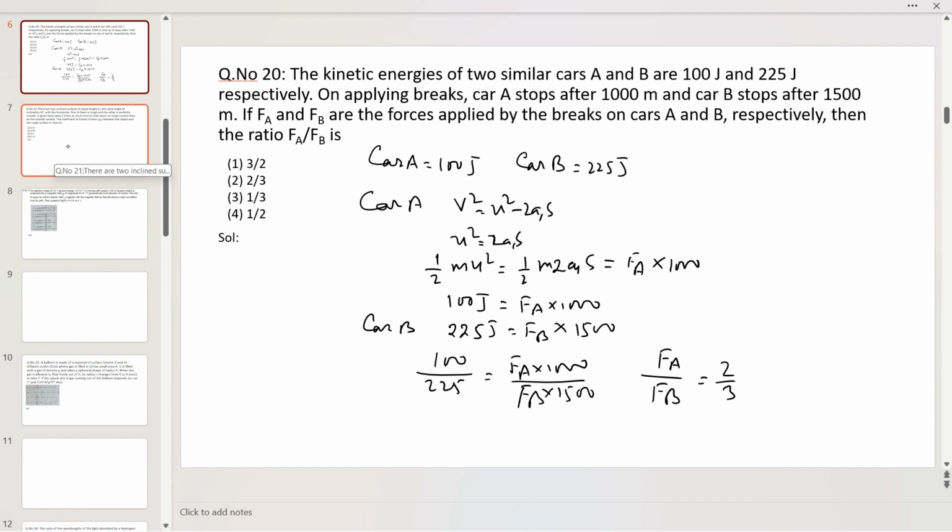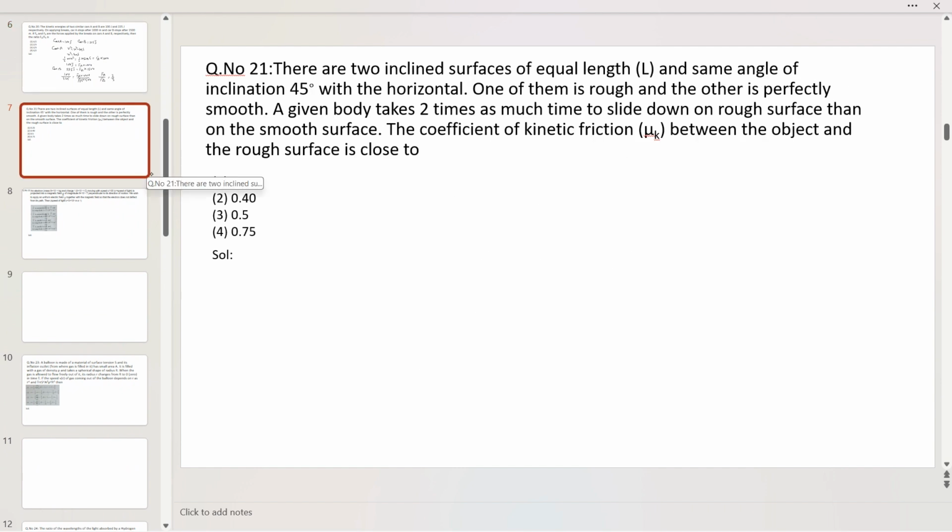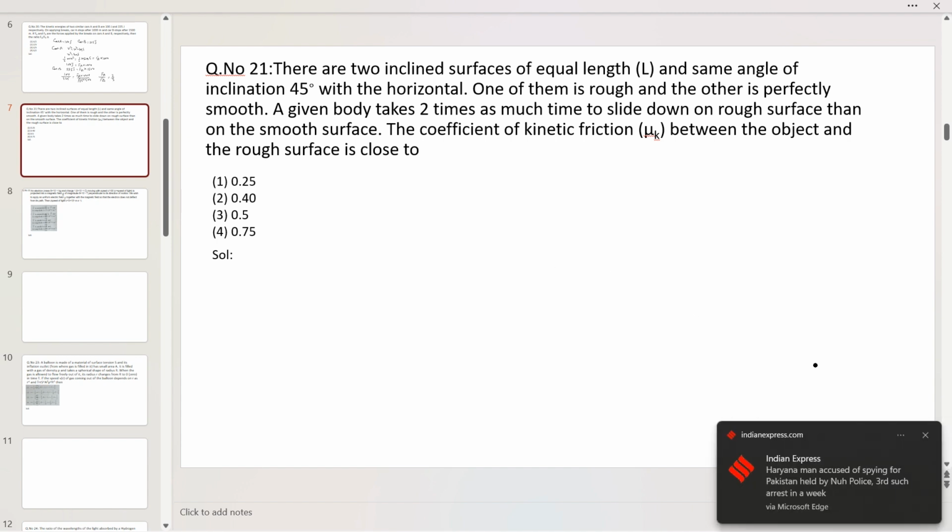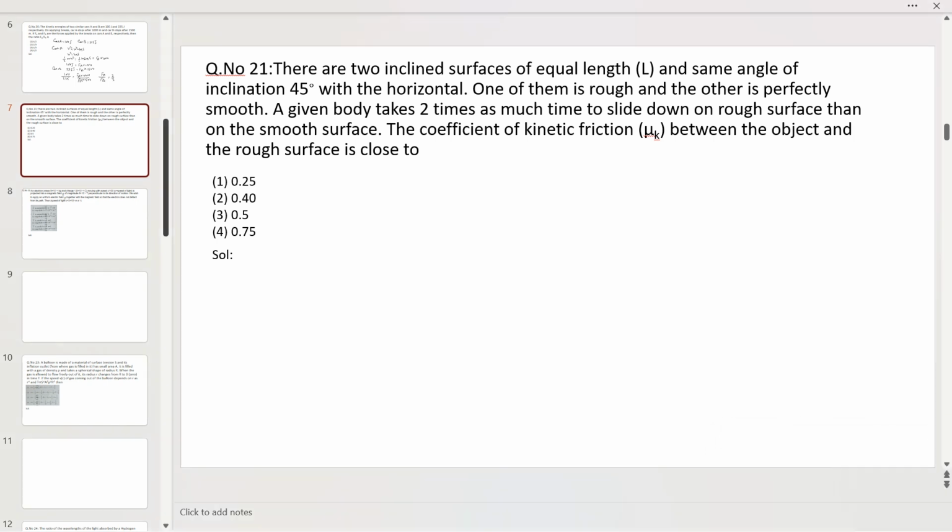And now your second question is, there are two identical surfaces of equal length L inclined at 45 degree with the horizontal. One of them is rough and the other is perfectly smooth.